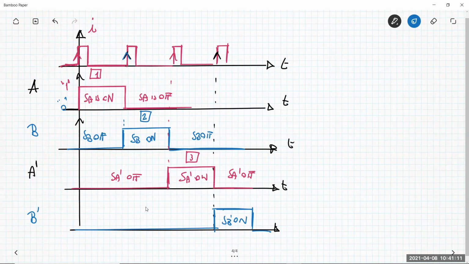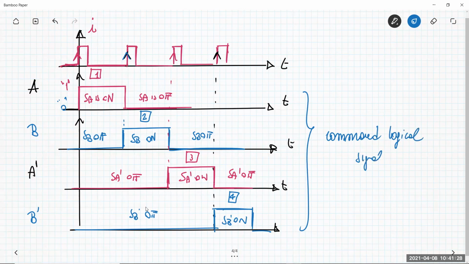So this is the phase number 4, et cetera. These are the command logical signals for SA, SA prime, SB, and SB prime.